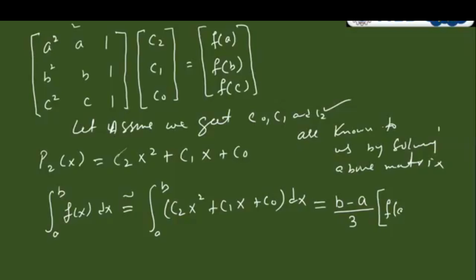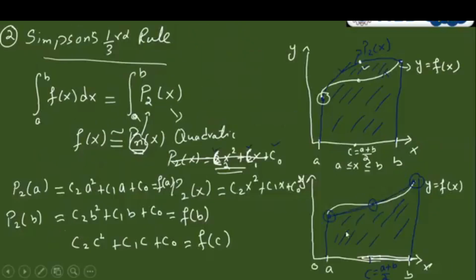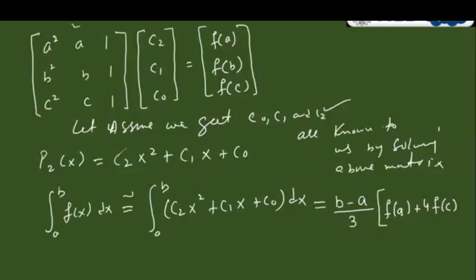So f of a, plus the other part that we have here is quite simple: 4 times f of c. I know you all remember what c is. C is the midpoint. It's not difficult to compute c, just take the midpoint of upper and lower limit, a plus b by 2, plus f of b.